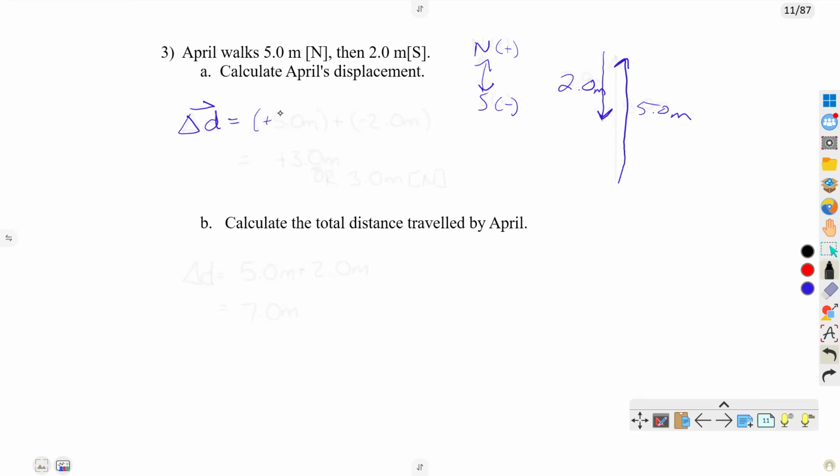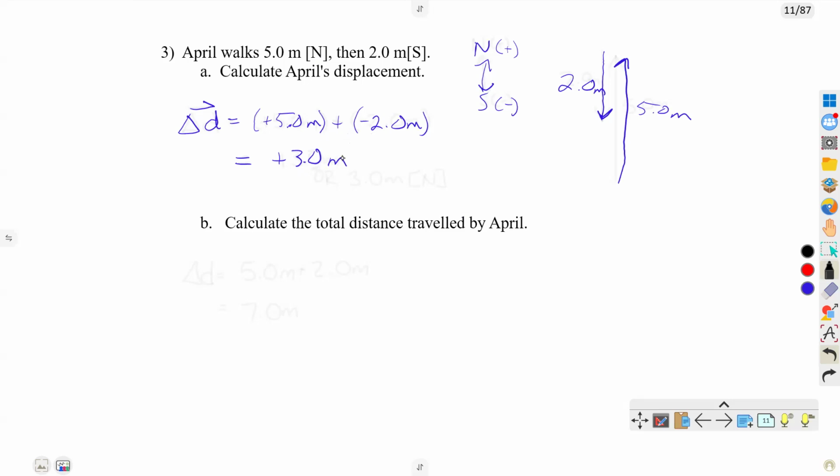So to find the displacement, and again, got to put that arrow above, positive 5 meters plus negative 2 meters equals positive 3 meters. And let's not forget sig digs here. Because we're adding and subtracting, we take the fewest number of decimal places.